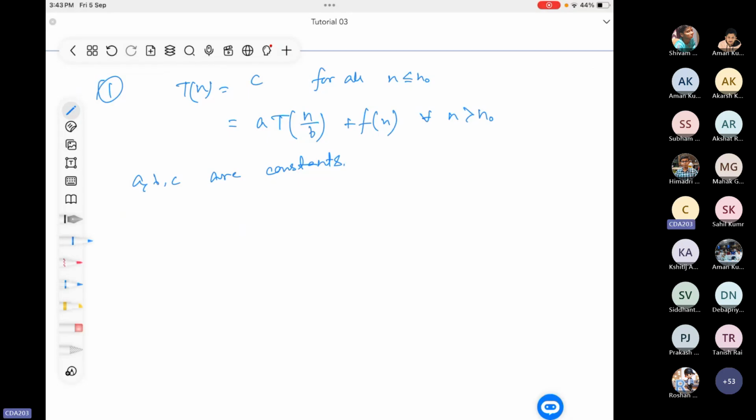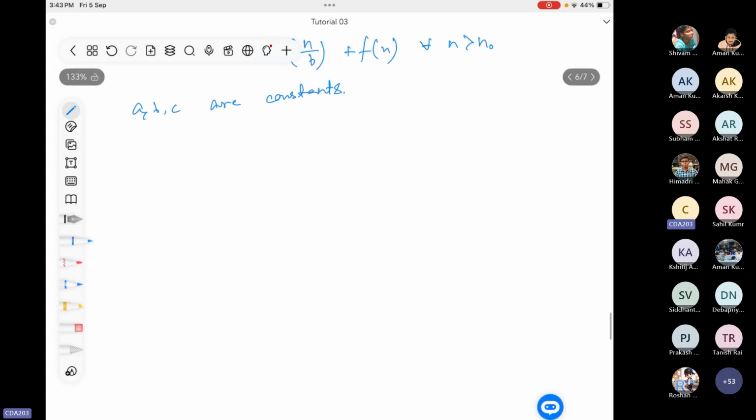You know that these constants actually have no impact on the running time. Basically, it's the function of n that matters. Now, suppose your recurrence is of this form. Then you can use this substitution method.